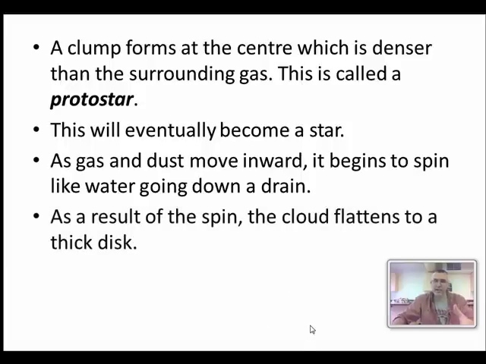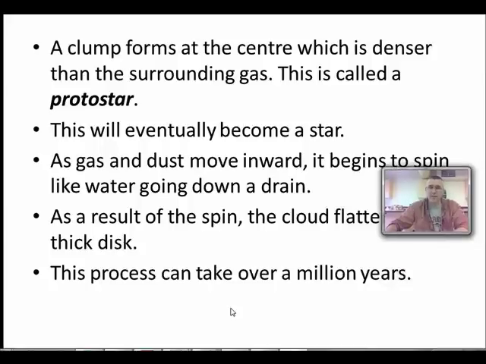Because of that spin, as the material is going inwards, it actually flattens out into a disk, and that disk is what's going to become the system of planets and asteroids and so on around the sun. And that's pretty much why our solar system is a disk, is because the stuff spiraling in flattens out.